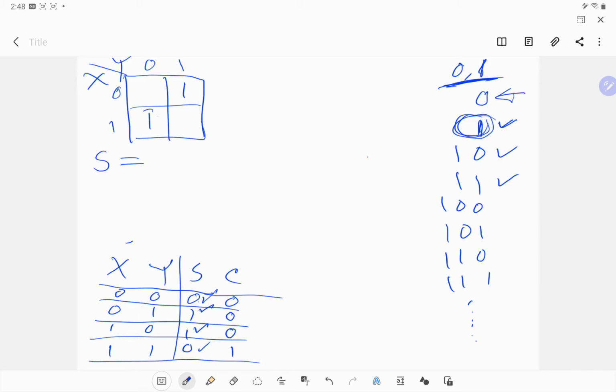So in this case we need to consider each of the ones individually. So we get here X Y prime plus, for that one we get X prime Y. This actually gives us an exclusive OR.